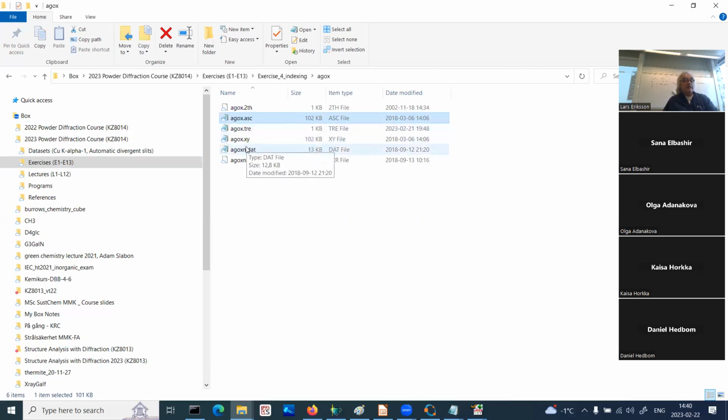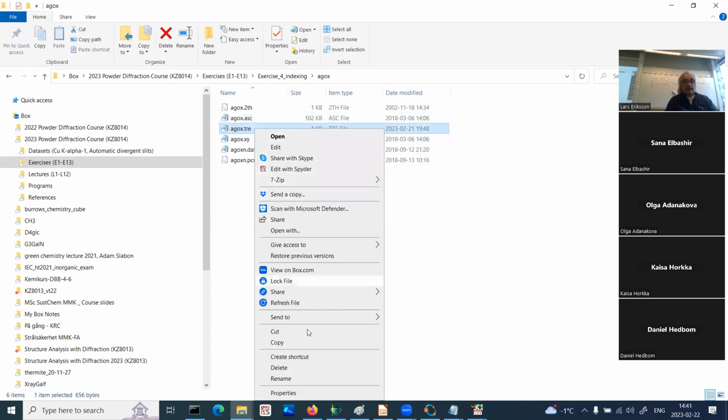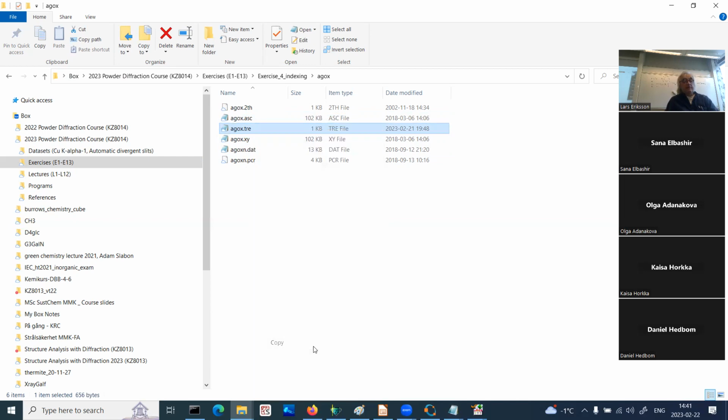It's exactly the same file, it's only the name that differs. But HiScore refuses to read the .xy. That's strange behavior of HiScore. But we have a Treor file also. This is a file that contains the extracted 2 theta values.